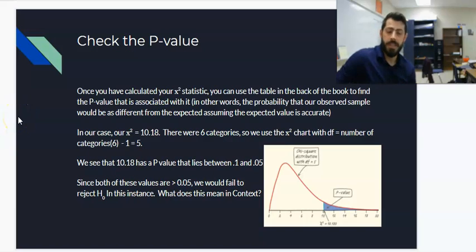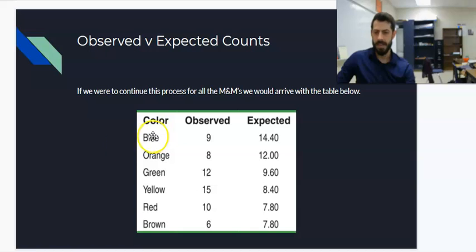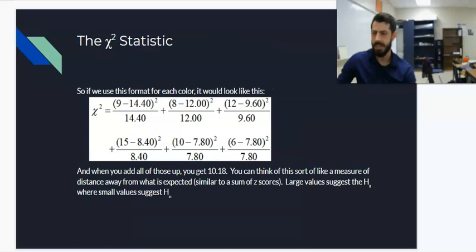Once you have your chi-squared statistic, you need to then find your degrees of freedom. Now, before we learned degrees of freedom was n minus 1. For chi-squared tests, it's number of rows minus 1. So for us, we have 6 rows, so our degrees of freedom would be 5. So our chi-squared statistic for this scenario is 10.18 with 5 degrees of freedom.